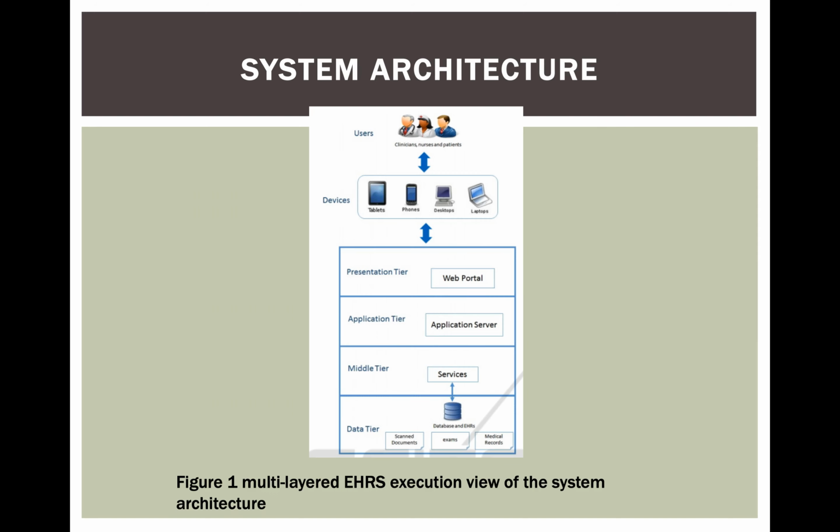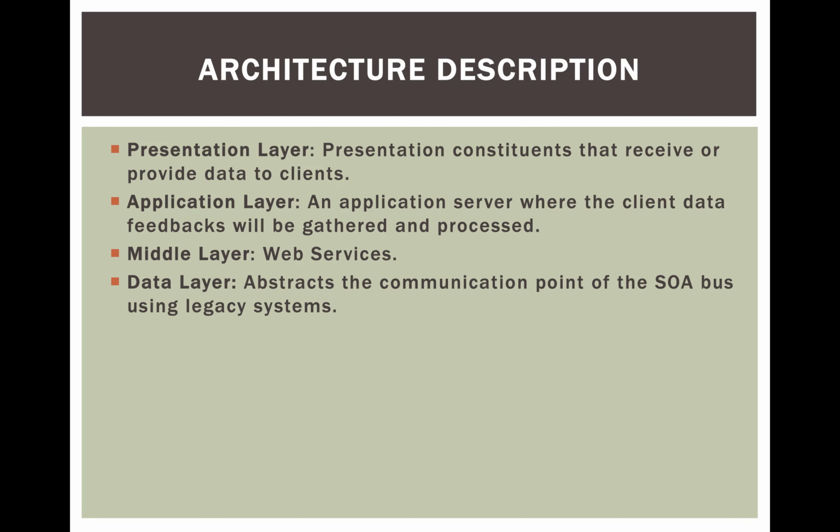And this is the architectural diagram. Here you can see users, devices, and multiple tiers like the presentation tier, application tier, middle tier, and data tier. I will explain that in the next slide. The presentation layer has presentation constituents that receive or provide data to clients.